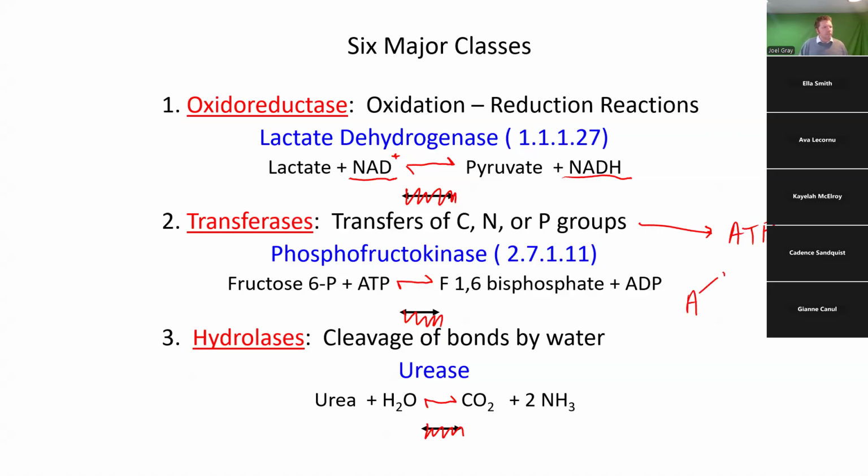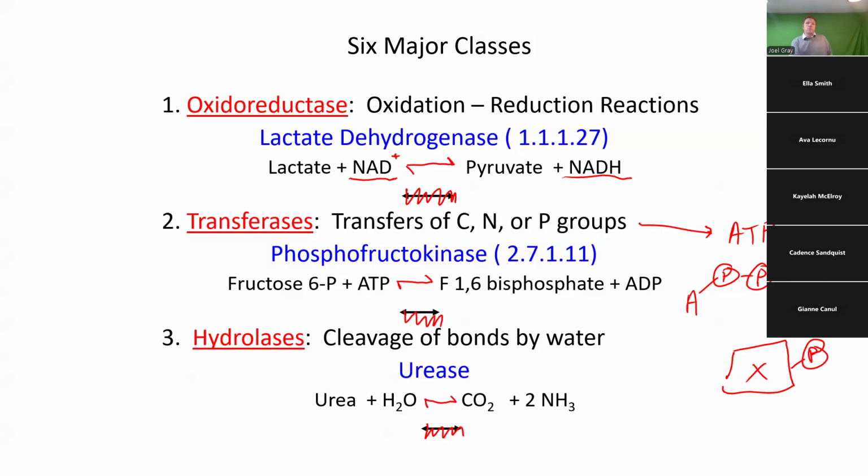A, and then P, P, P. The P with the circle is a phosphate group. So an enzyme might pick up this molecule and pluck that phosphate off and transfer it to, I'm going to call it molecule X. This enzyme is going to transfer this group onto molecule X, and so the resulting molecule looks a little bit like this.